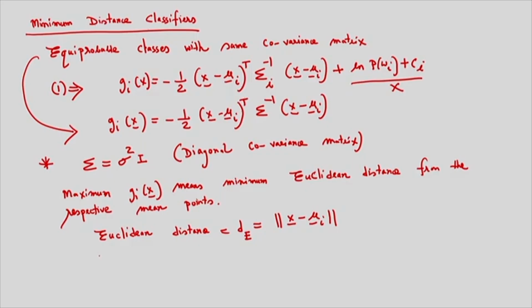If I consider a constant Euclidean distance d_E, then we will get curves of circles, and in the high dimensional case, it will be a hypersphere.